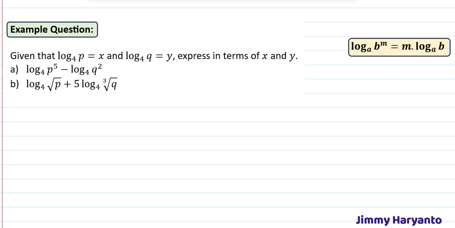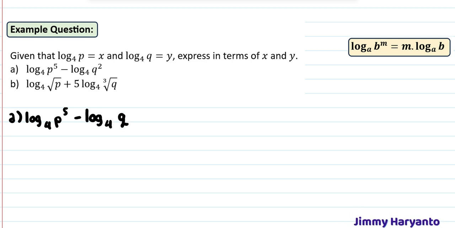And then next question, given that log 4 p equals to x and log 4 q equals to y, express in terms of x and y: logarithm 4 p 5 minus logarithm 4 q 2. Okay, so first we'll use this formula.